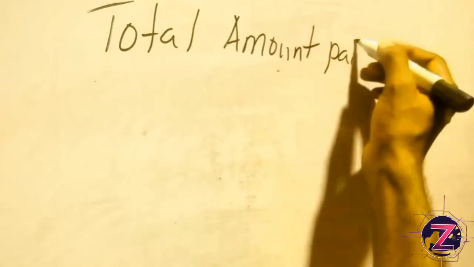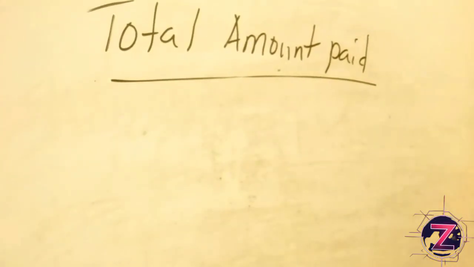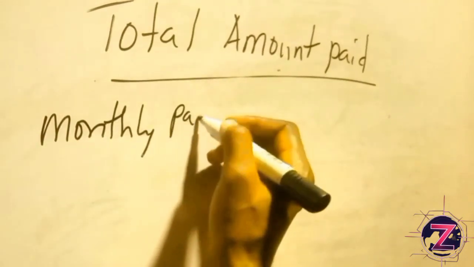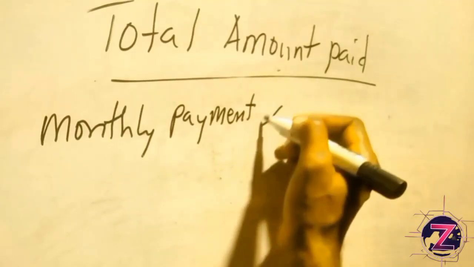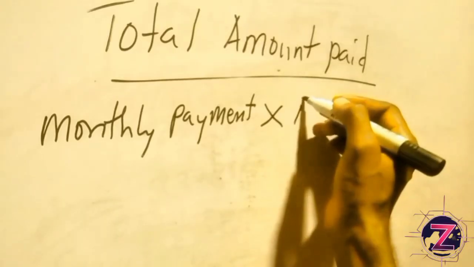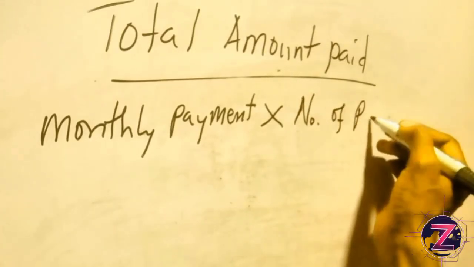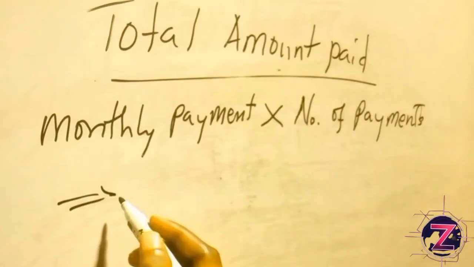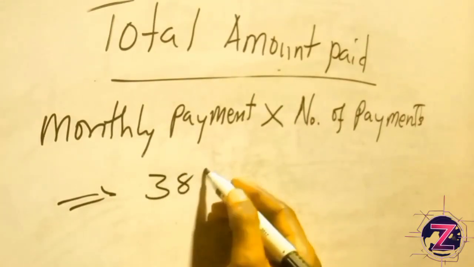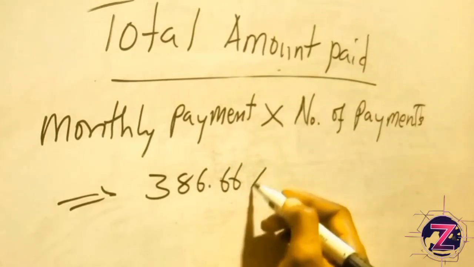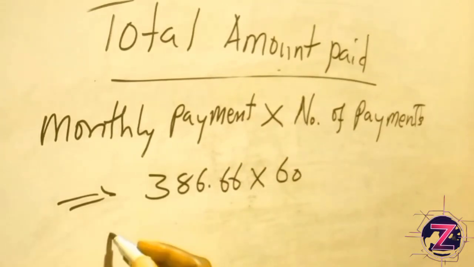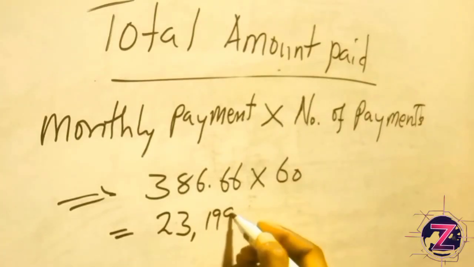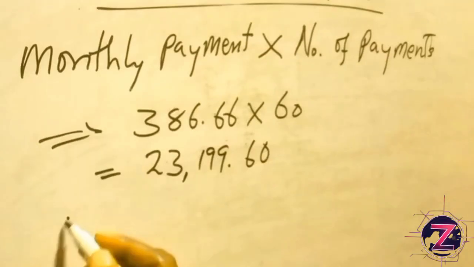To answer the second question, which is the total amount to be paid back, here we go. Total amount paid is equal to monthly payment multiplied by number of payments, which implies that $386.66 multiplied by 60 is equal to $23,199.60.